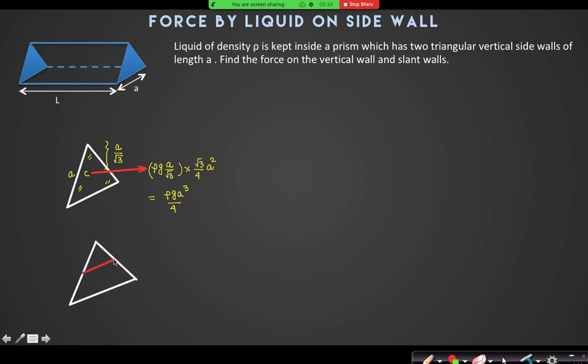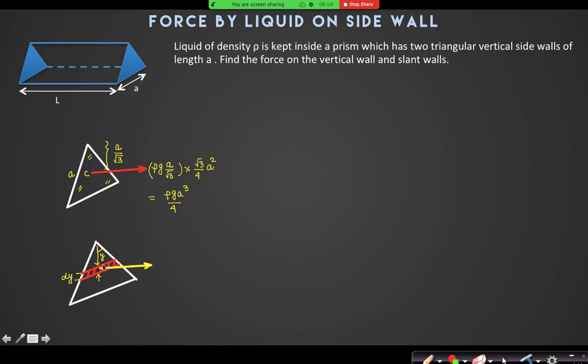If I take a small strip here at a depth of y, and this thickness is dy, what is the area of that small strip? As this angle is 30 degrees, this will be y tan 30 degrees, yes or no?